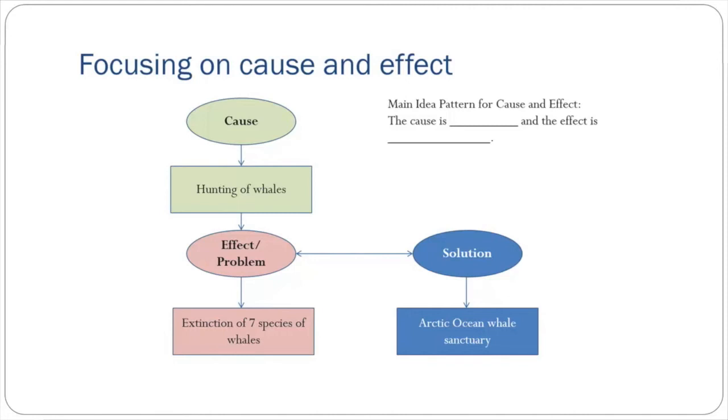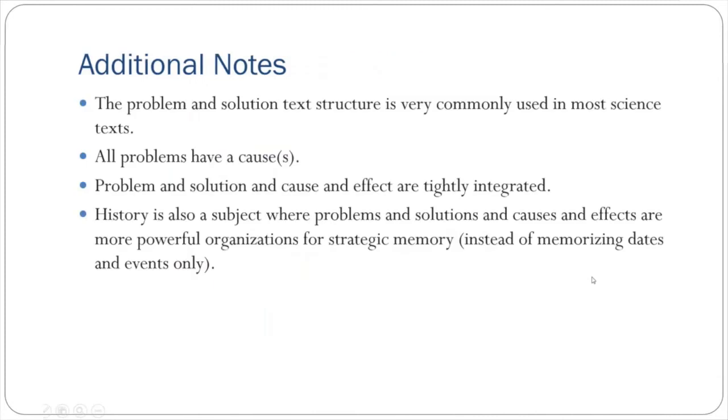The effect, in this case it's a problem, is the extinction of 7 species of whales, followed by the solution proposed by the whale sanctuary, and that completes the picture of combining the cause and effect with the problem and solution text structure. Just a note to follow up, the main idea pattern for the cause and effect is the cause is and the effect is, and you can add as many blanks as you like to complete the picture.